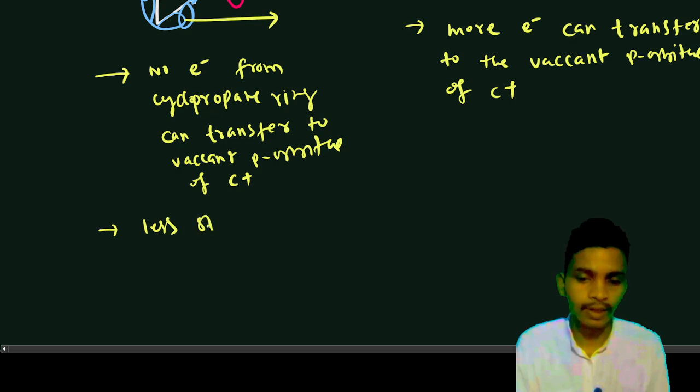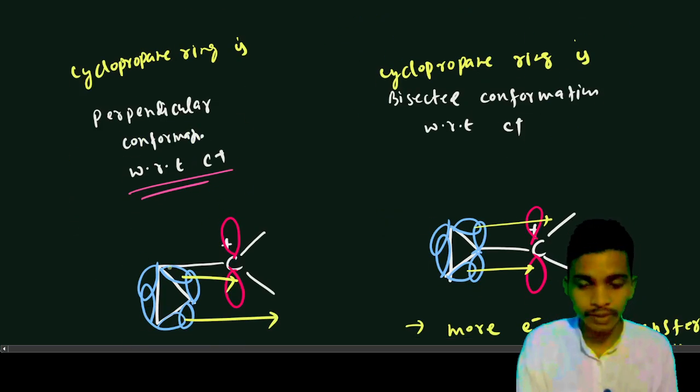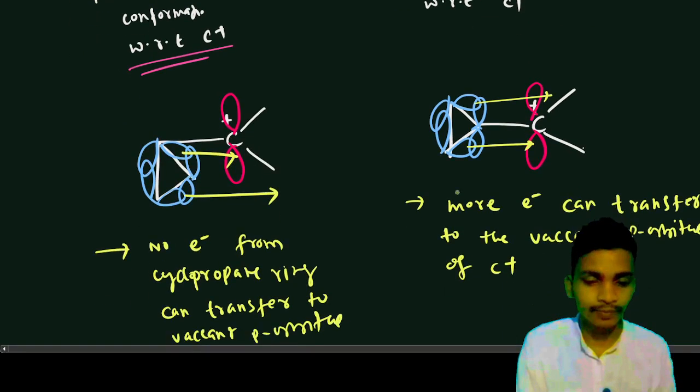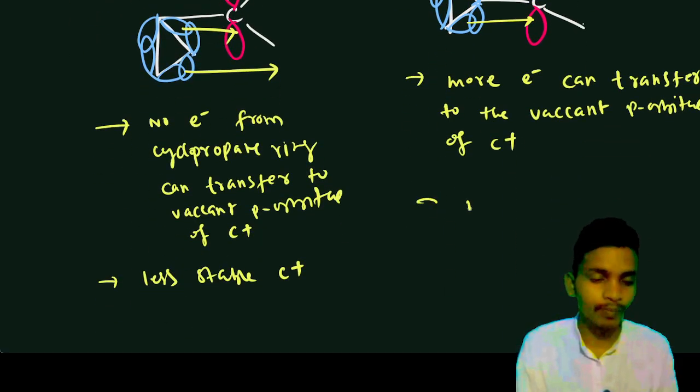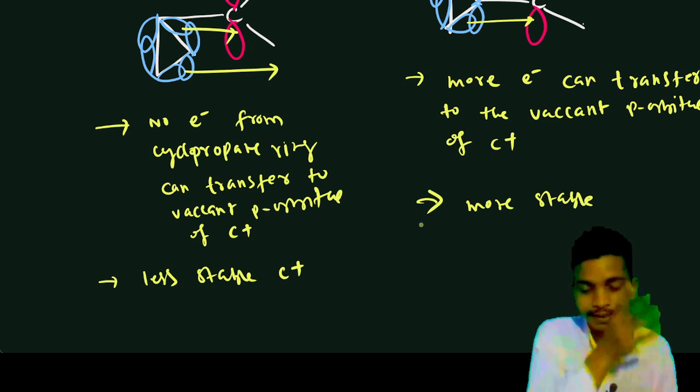This carbocation is less stable because the electrons are not properly transferring to the vacant p orbital from the cyclopropyl ring, whereas this carbocation is more stable. Okay, so that is what I discussed in the previous class.